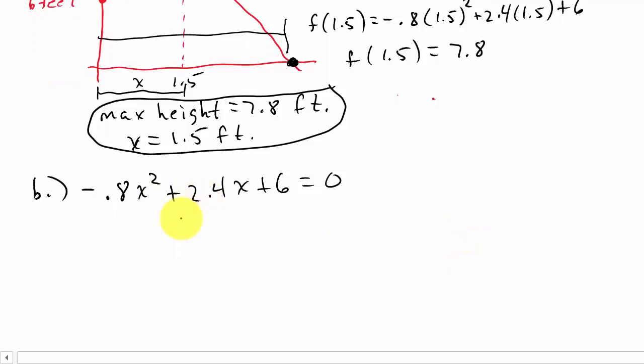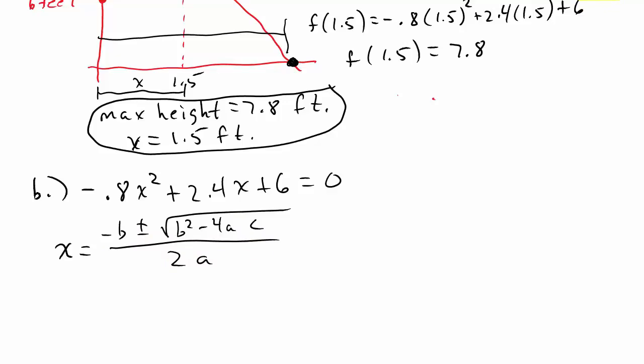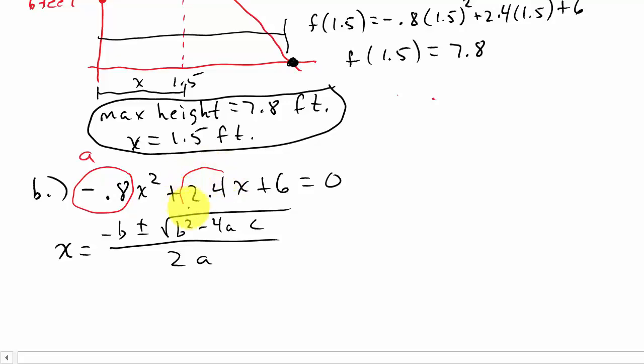To solve this, we might have a hard time factoring, so we'll throw it into the quadratic formula. So x is negative b plus or minus the square root of b squared minus 4ac, all over 2a. Remember, for the quadratic formula, the number in front of x squared is a, the number in front of x is b, and our constant term is c.